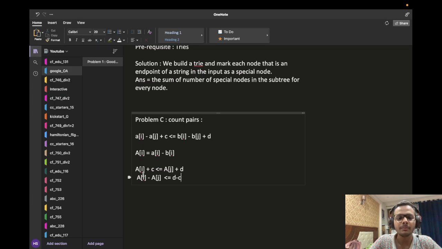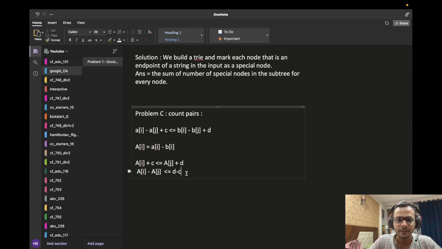So we have to find the number of pairs i, j where i is strictly less than j and A_i minus A_j is less than or equal to d minus c. So how we can do that is again not very difficult. If we bring A_j to the other side, we will get a relation like this: A_i is less than or equal to A_j plus d minus c.